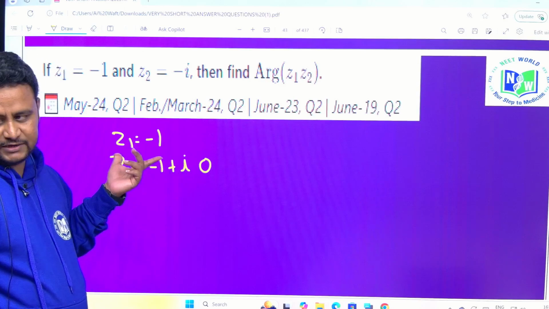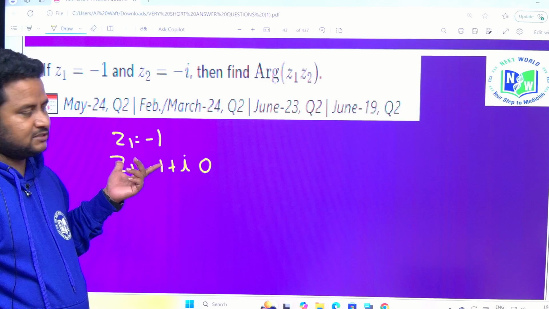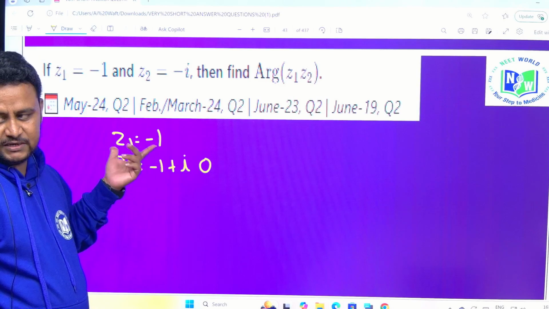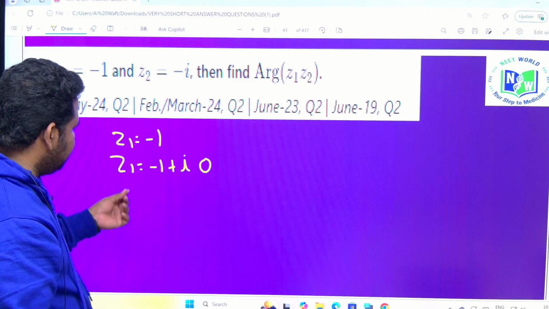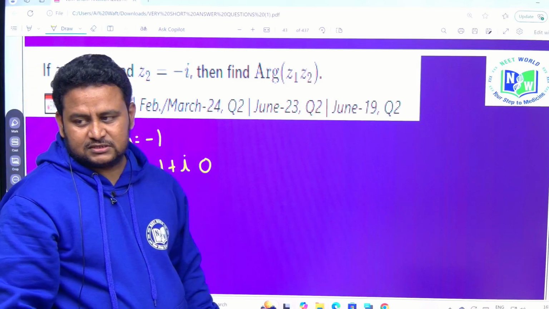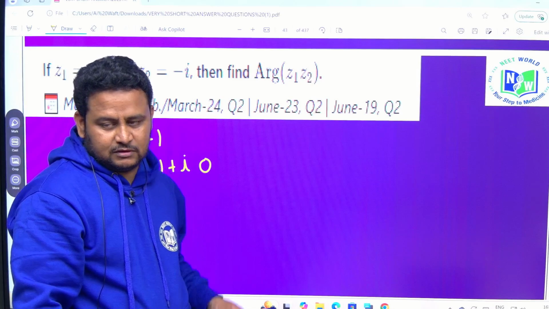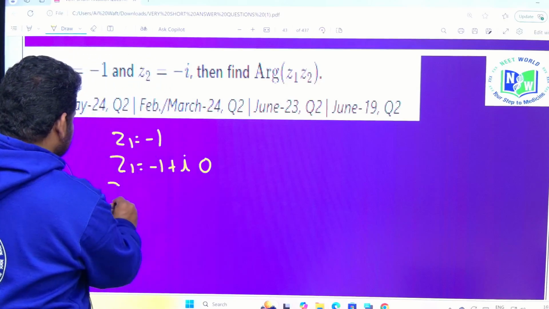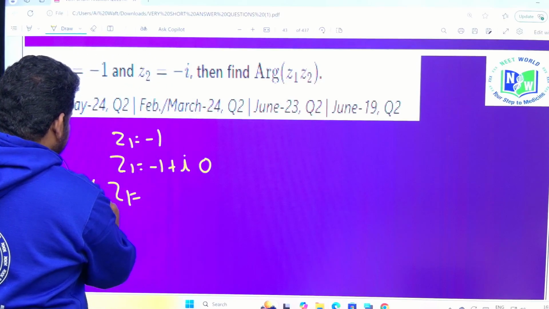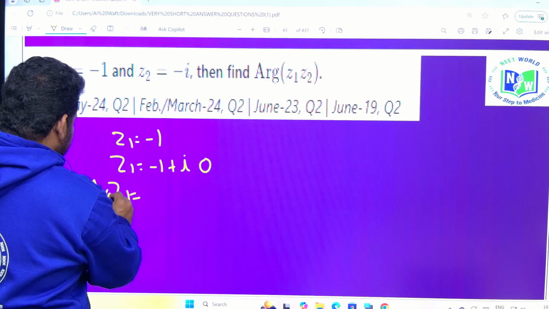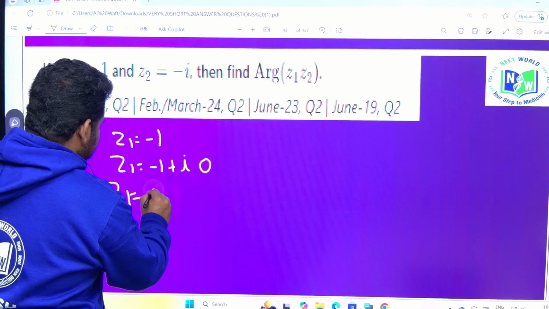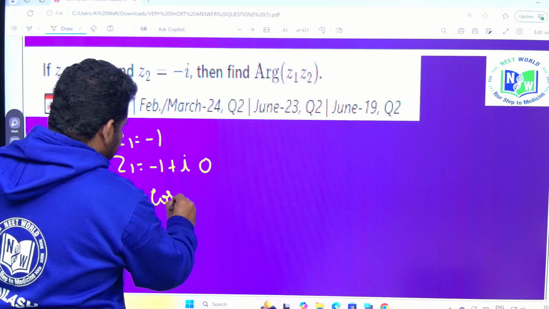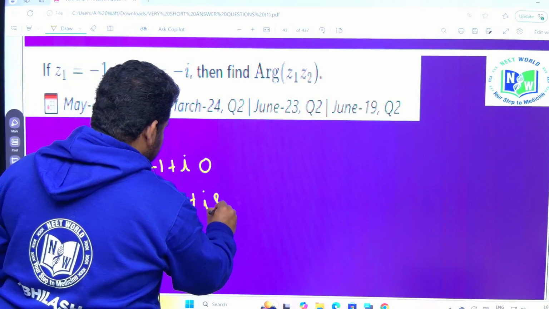Here r is equal to 1, because square root of 1 square is nothing but 1 itself. So, when will you get minus 1 for cos? If it is cos pi. When will you get 0 for sin? When it is sin pi. So, z1 will be cos pi plus i into sin pi.